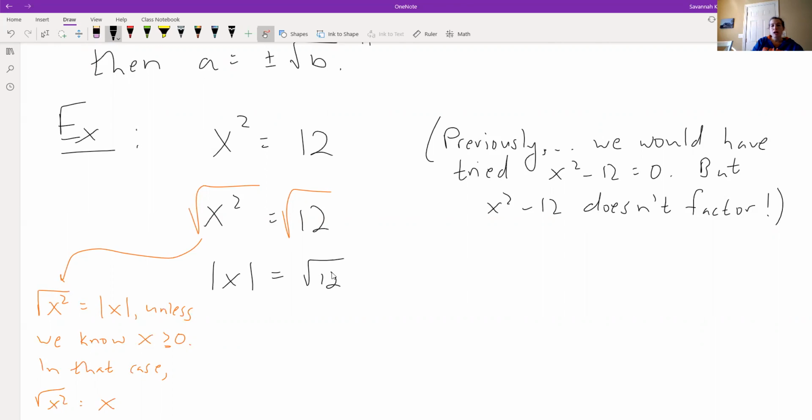Okay, well, the absolute value of x from way back when, we barely talk about it in Algebra 2, it is a shortcut for the fact that x could be positive, x could be negative. We're trying to force this to be a positive number.